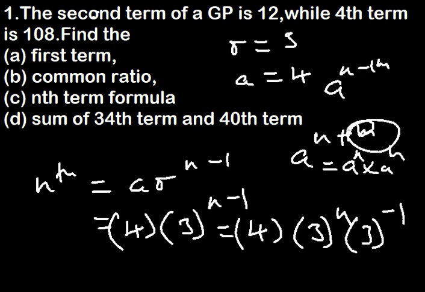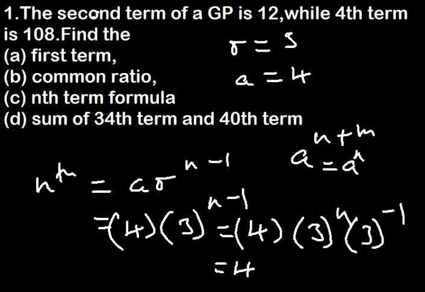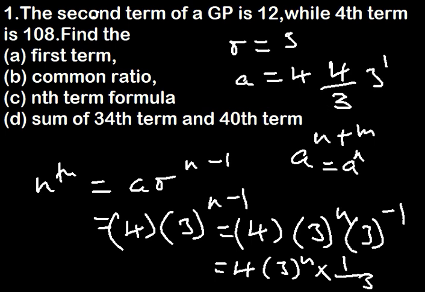If you have interest in that, you can understand it. So this is the same as 4 times 3 to the power n and times 1 over 3. You can understand that. And of course this is the same as 4 over 3 times 3 to the power n.